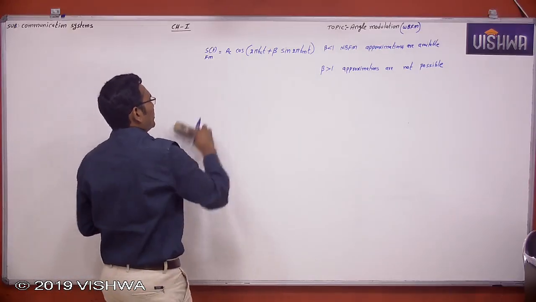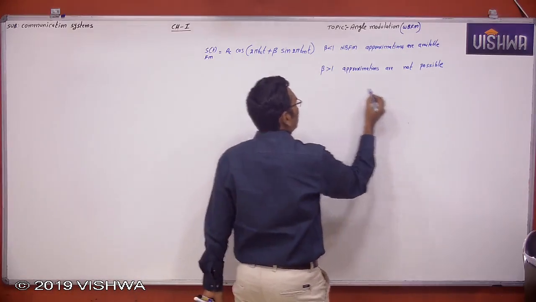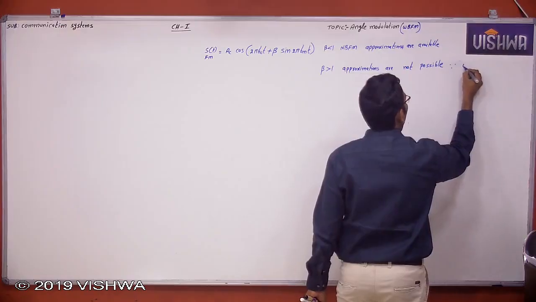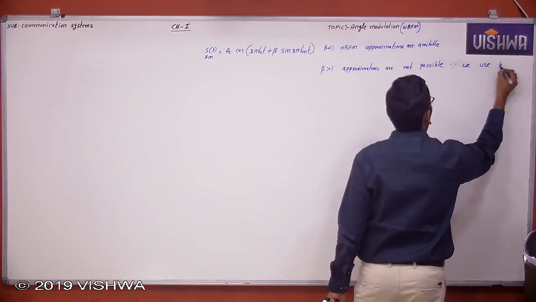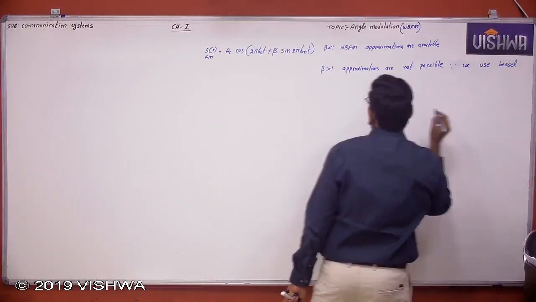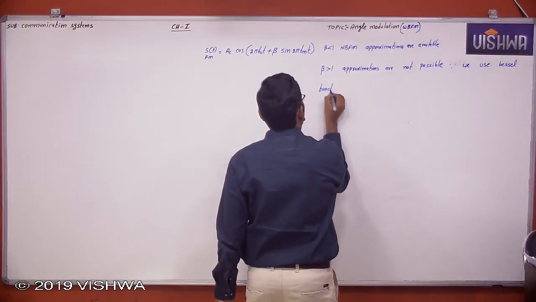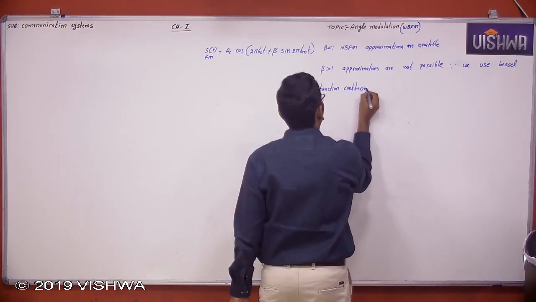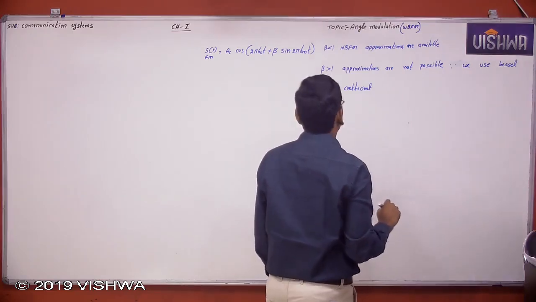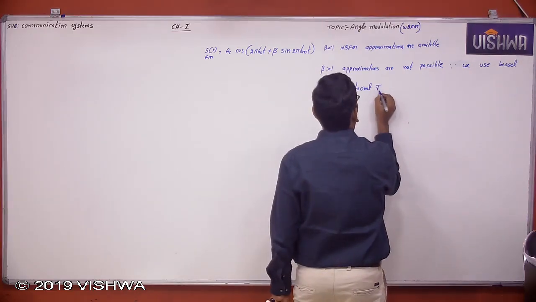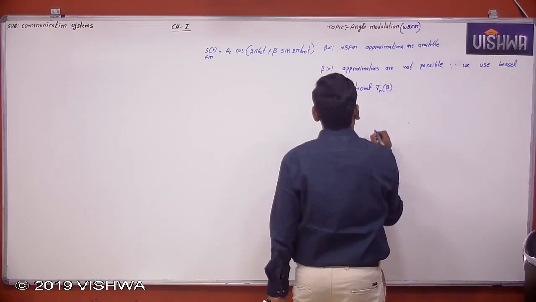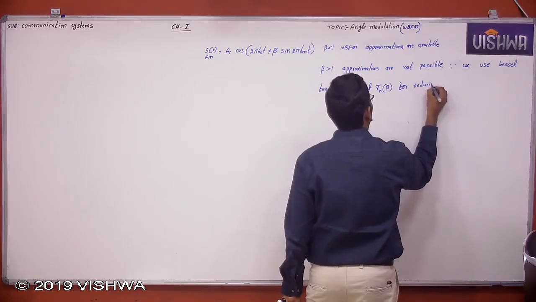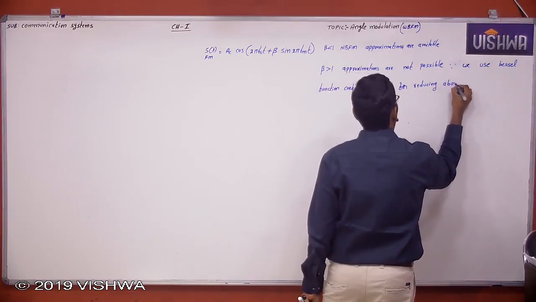So if the approximations are not possible, therefore we use the Bessel function coefficient Jn of beta for reducing the above equation.